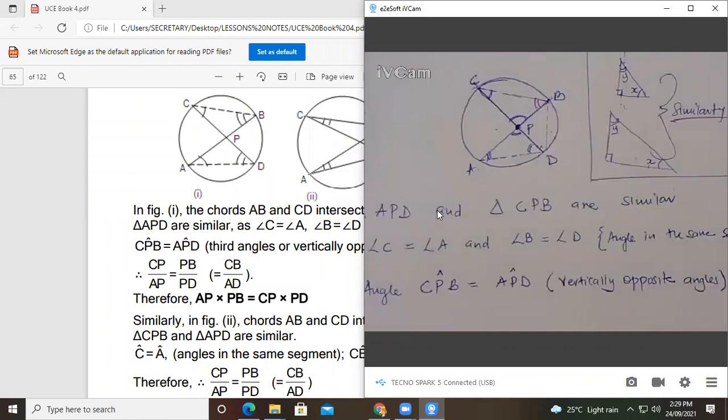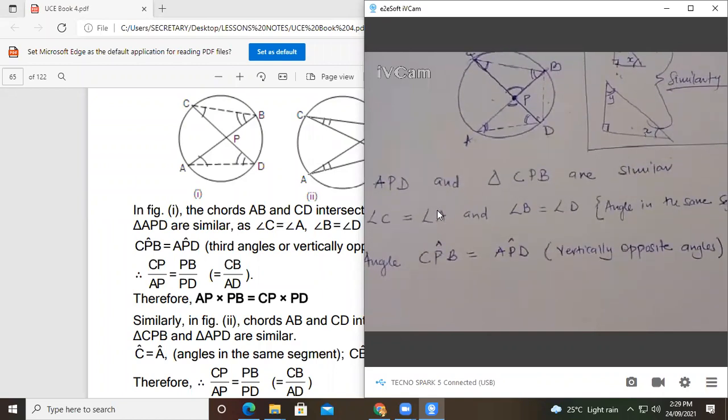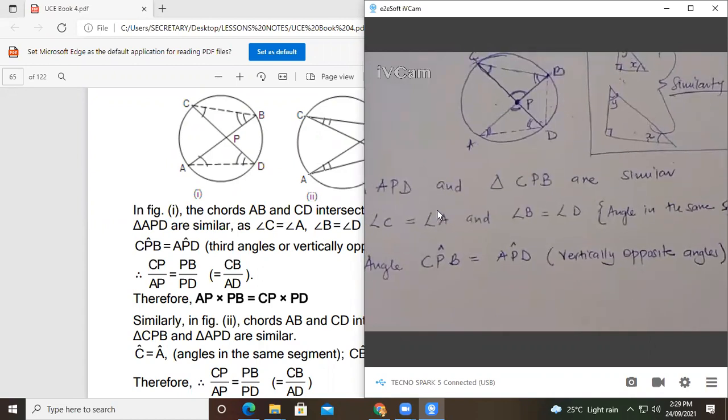Now, what you should know is that if these triangles are similar, then CP over AP is equal to PB over PD. What are they saying here?